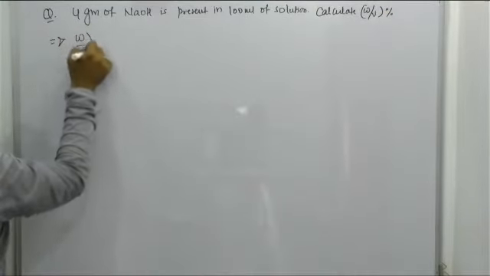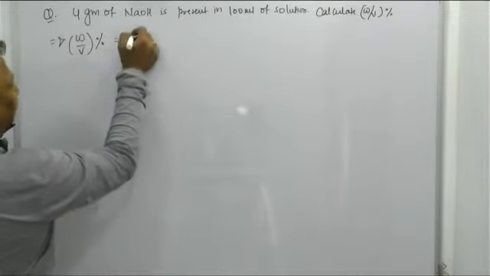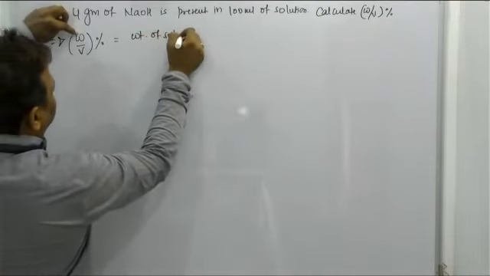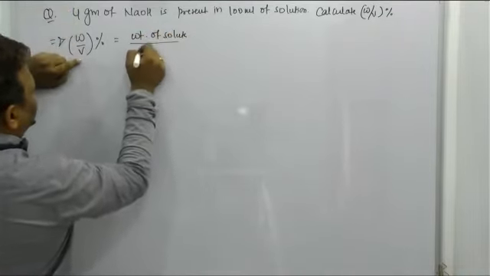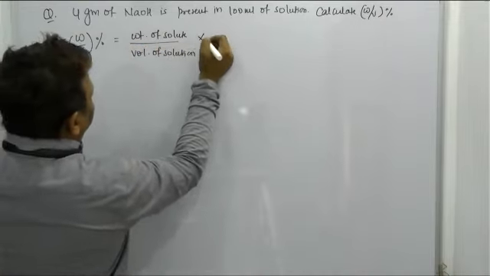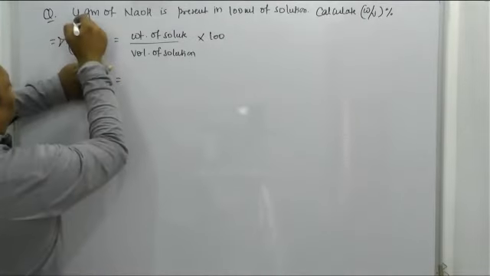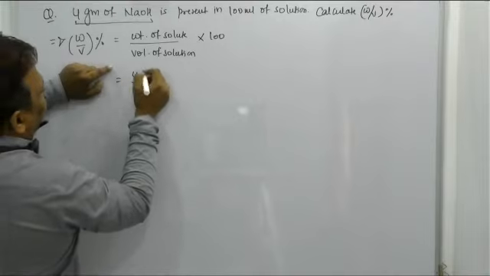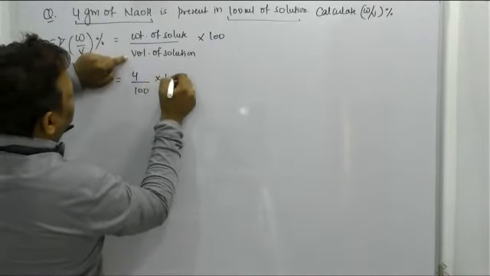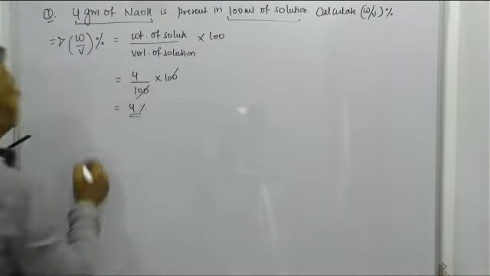Just now we wrote weight by volume percentage is equal to weight of solute by volume of solution, into 100. Weight of solute is 4 gram, volume of solution is 100 ml, into 100, and I will get 4% because 100 gets cancelled.